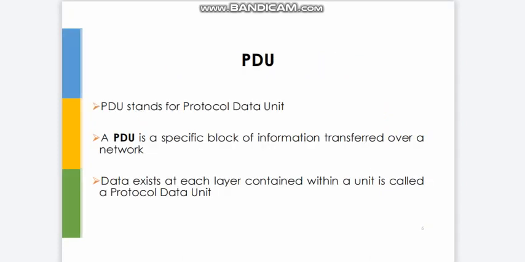Next, what is PDU? PDU stands for Protocol Data Unit. A PDU is a specific block of information transferred over a network. Data that exists at each layer, contained within a unit, is called a protocol data unit.